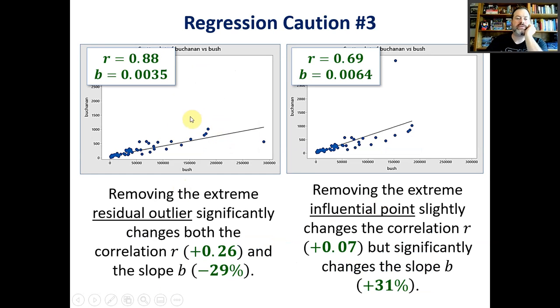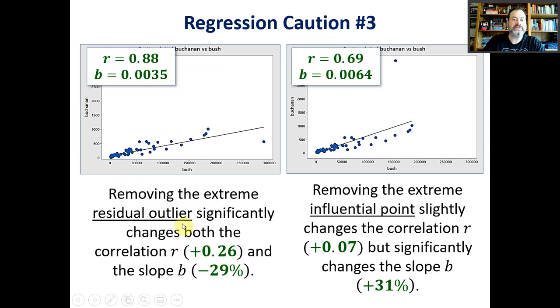On this graph, I removed the residual outlier, the one that was up here. The correlation jumped way up. The slope changed a little bit; you can see the slope came down. So removing the extreme residual outlier significantly changes both the correlation and the slope. The correlation jumped up 0.26 and the slope dropped 29%.